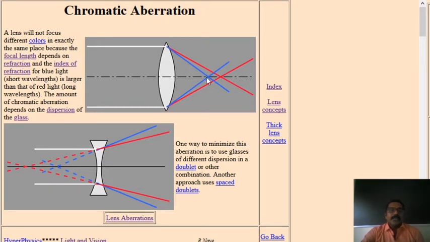So the image is blurred with colors from red to violet. Here it is a concave lens.